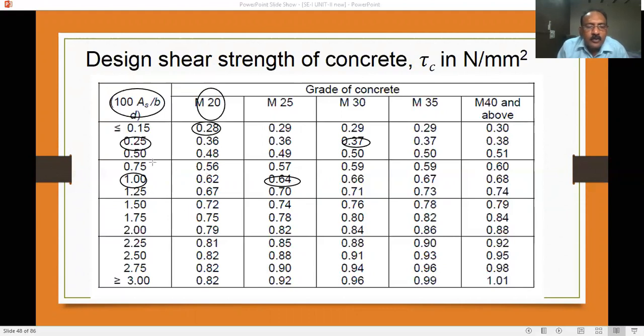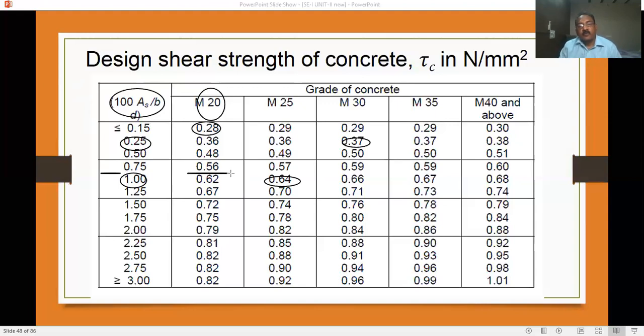You can ask me one question: sir, if I get 0.8 here, then how to calculate? By interpolation, that is a simple mathematical application. For in between 0.8, you will get one more value by interpolation.